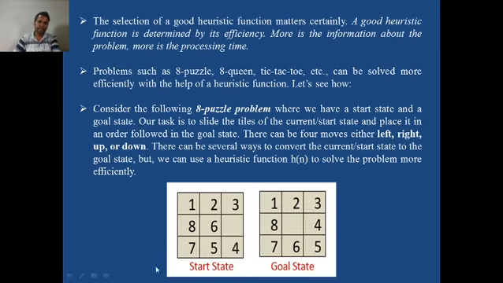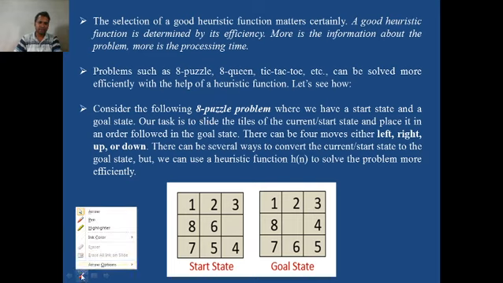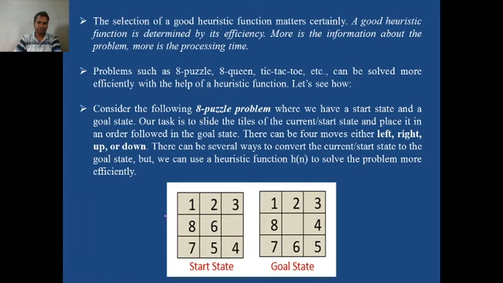In the last lecture we discussed the 8 puzzle problem, in which the initial state is given like this and the goal state was this. The objective was to place all the tiles. There are 9 tiles, out of which 8 are numbered and 1 is blank.